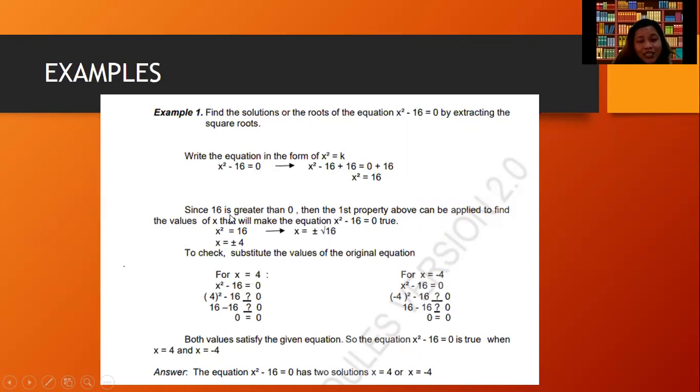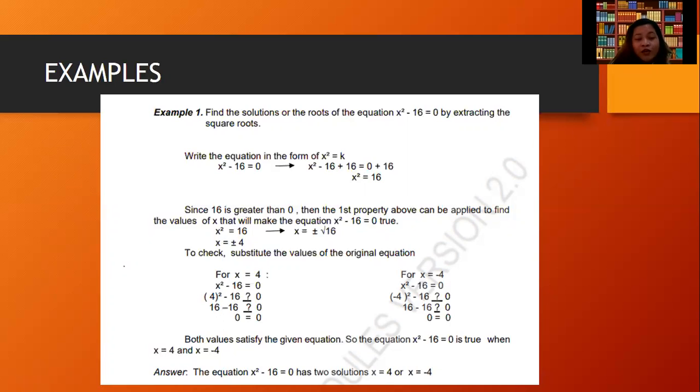So since 16 is greater than 0, then the first property above can be applied to find the values of x that will make the equation x squared minus 16 equals 0 true. So how can we make the equation true?